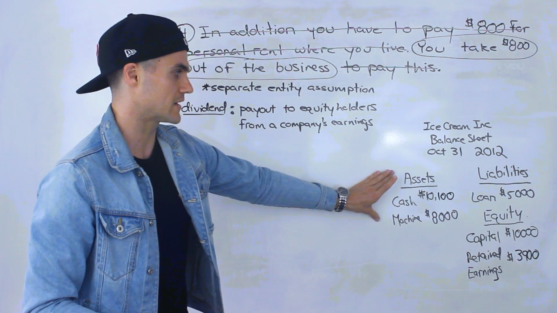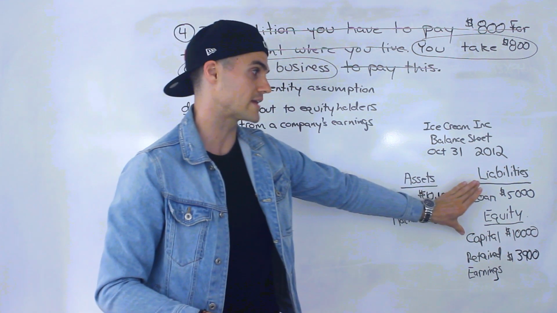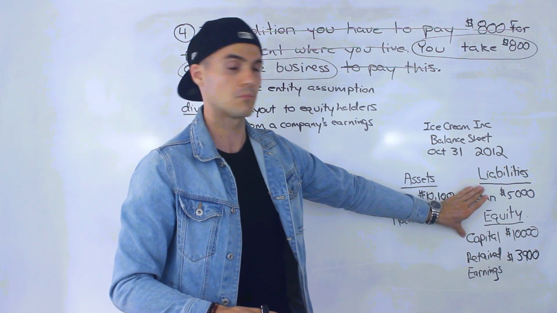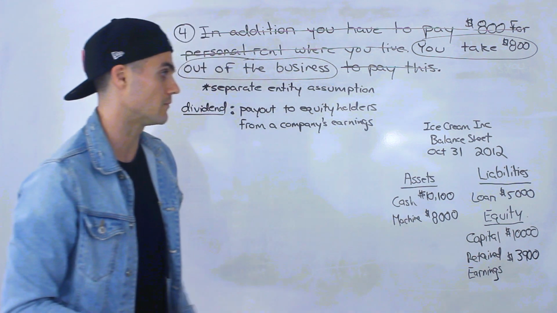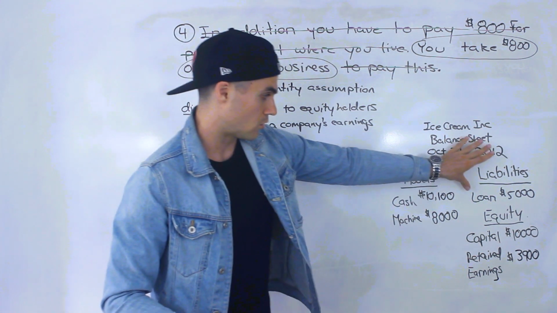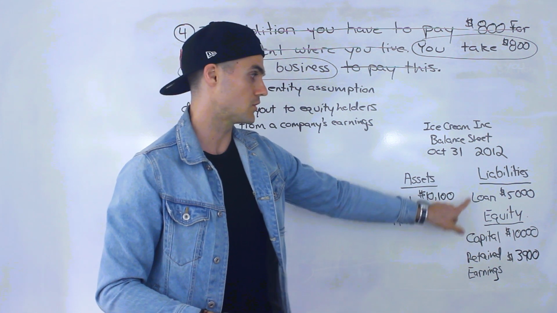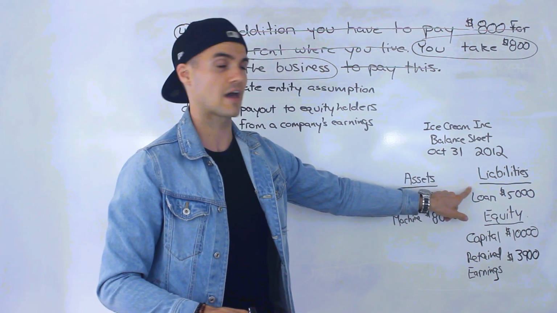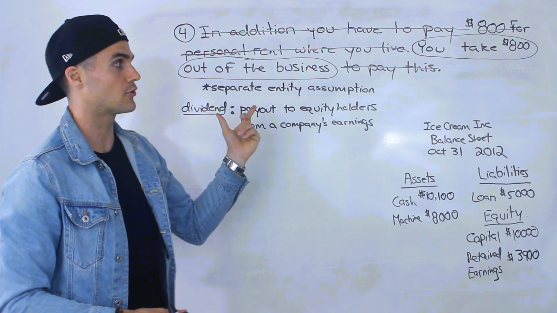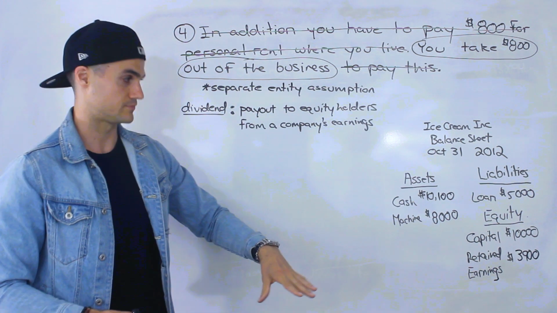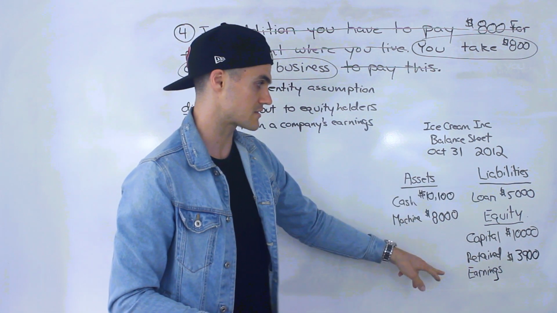So this left side went down by 800, which means this right side is going to have to go down by 800 as well. So what do we do on the right side? Which category is going to go down? Notice it's not going to be the loan of $5,000. It didn't say that we took $800 and paid off the loan, right? So that's going to stay at $5,000.